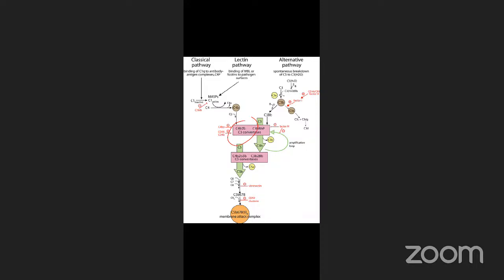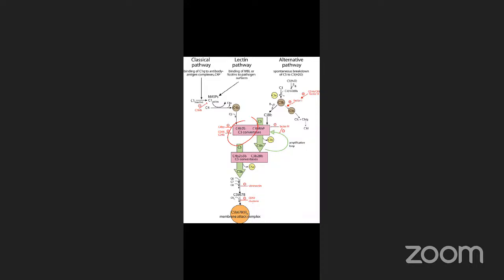In the presence of C5 convertase, the C5 complement protein is cleaved into C5a and C5b, and C5b goes and binds with the C6, C7 and C8 molecules, and then the C9 molecule combines with this entire unit and acts as a membrane attack complex.